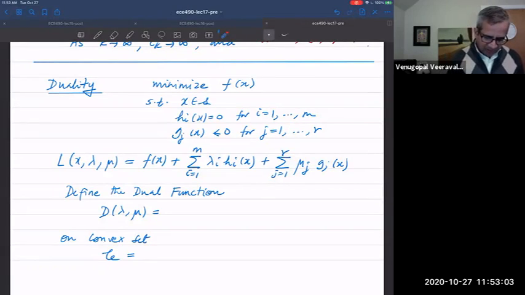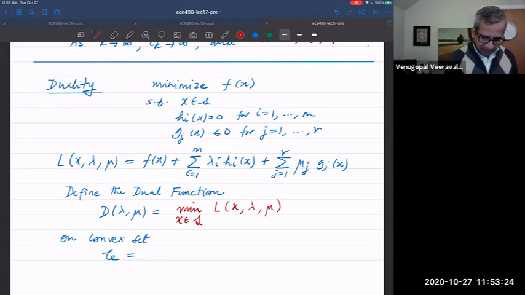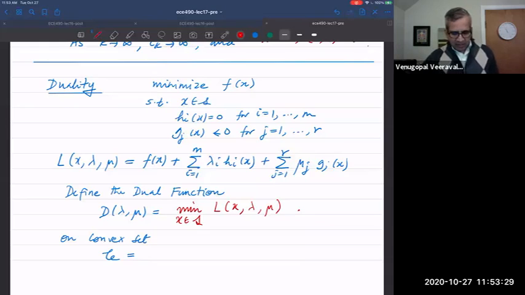The dual function is a function of lambda and mu, where what we do is minimize the Lagrangian over x belonging to S. So we get rid of the dependence on x, and we're left with some function that's a function of only the Lagrangian variables.